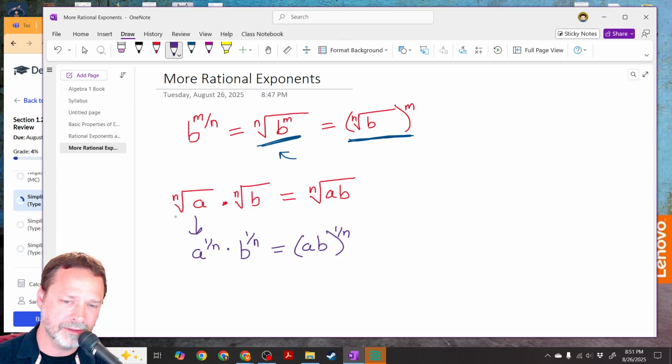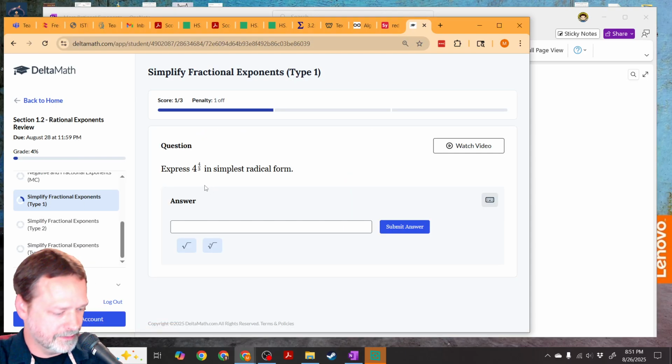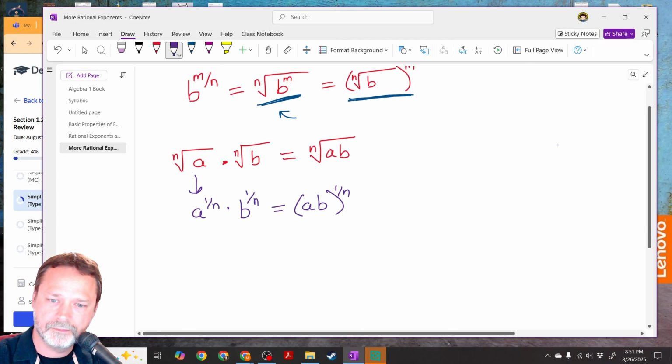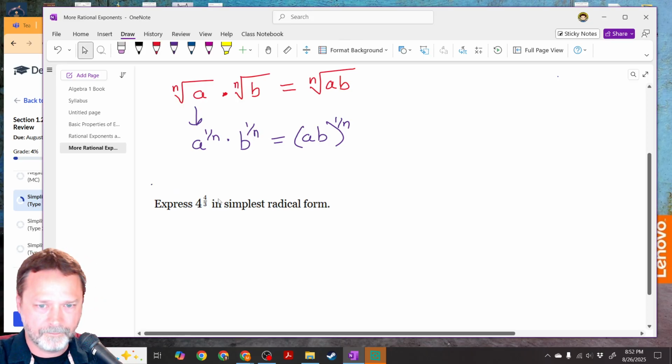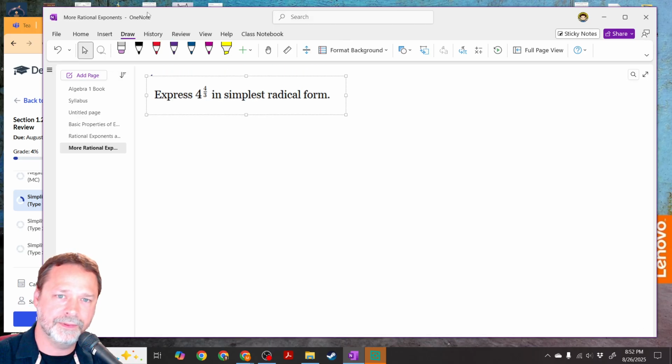This one in particular is a very, very useful one we're going to be using. Okay? Now, without further ado, let's do some examples. The first example I want to do is this guy. It says express 4 to the 4/3 in simplest radical form.